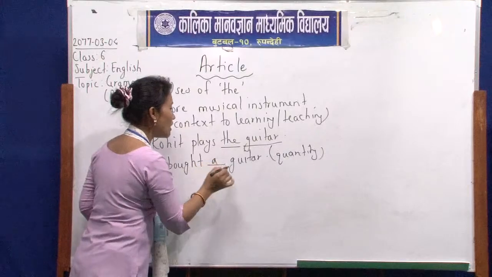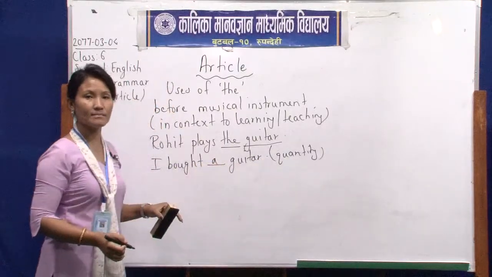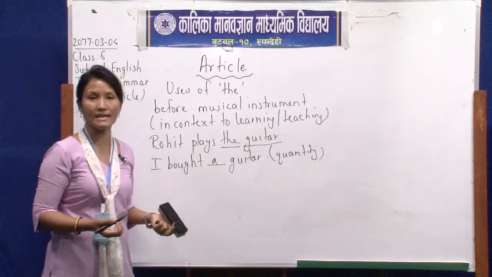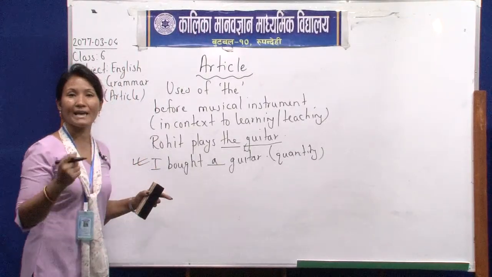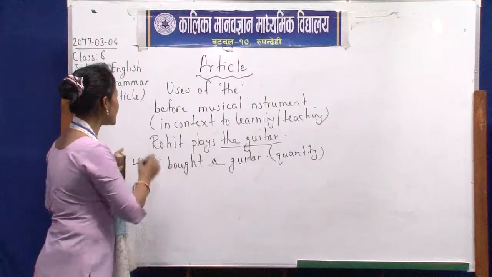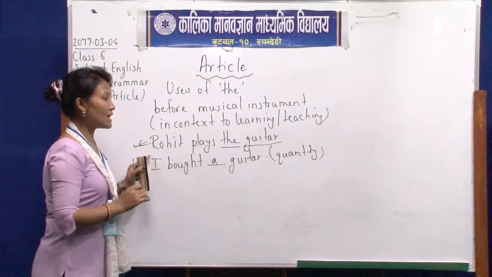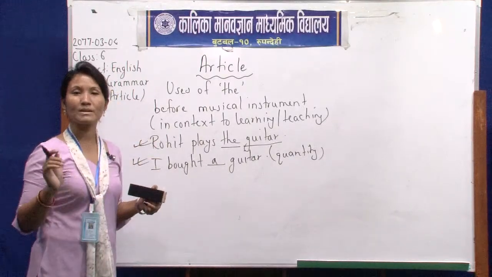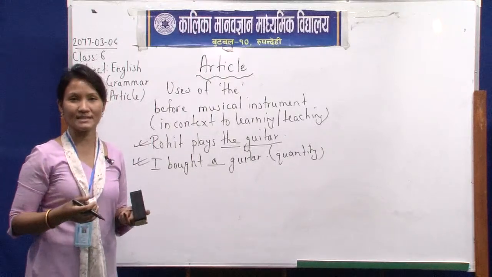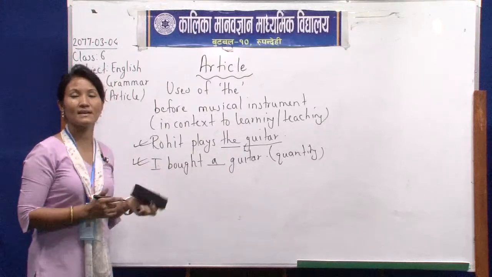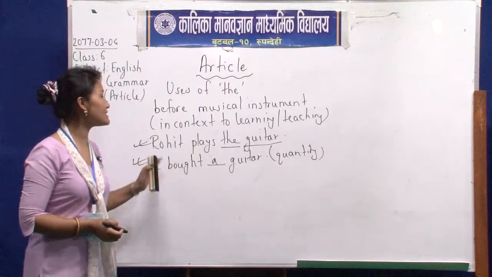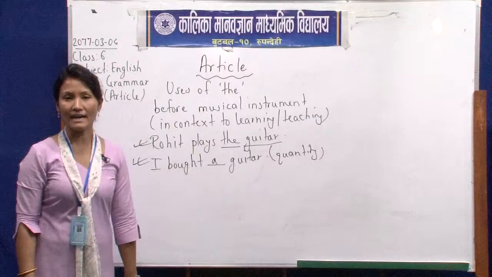So I bought a guitar because it's singular, right? In this sentence the context is about buying, about quantity. But in the other sentence the context is playing or practicing. So you need to look at the sentences very carefully. So this is the next use of the article.